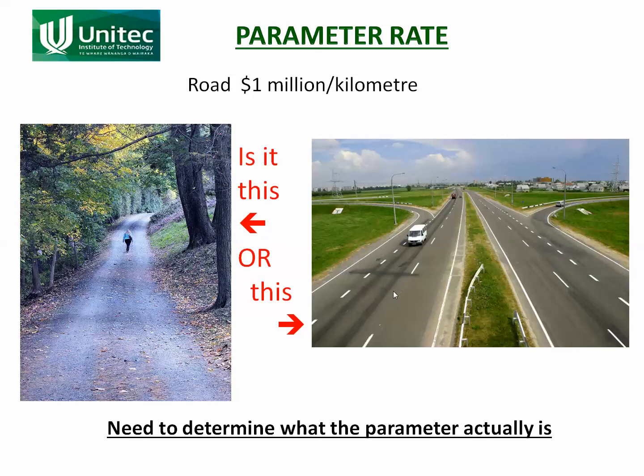You need to make sure that the parameter rate that you're using is the same or similar to what you're actually building. So if you're building a 4-lane highway and you have a parameter rate of $1 million per kilometre for a 4-lane highway like this, then that's fine. But if you're building a little lane, then it's not. So you need to make sure that you understand what the rate you've got actually involves.